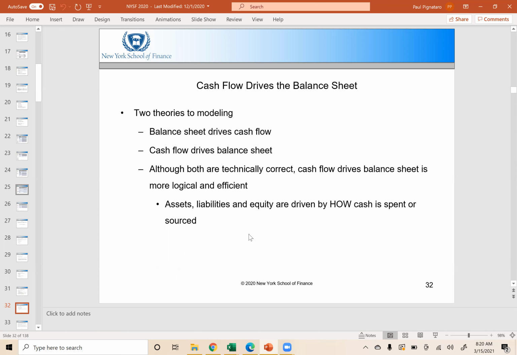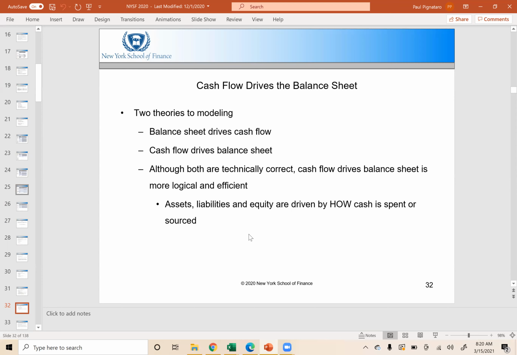The other way, if you have an income statement and a cash flow statement and use the cash flow to drive the balance sheet, remember the cash flow statement is probably one of the most accurate statements you will get, because each line item that's reported, especially if it's reported and audited, will measure actual cash flows.